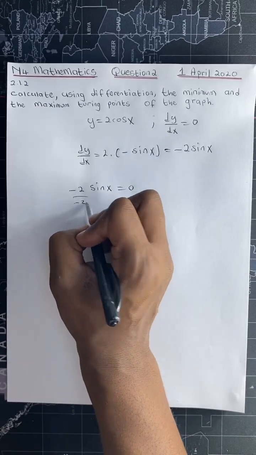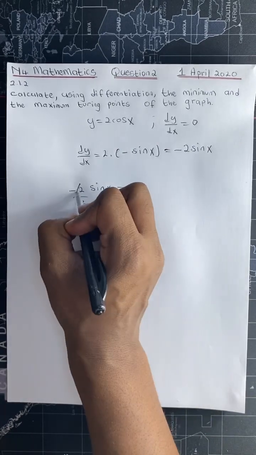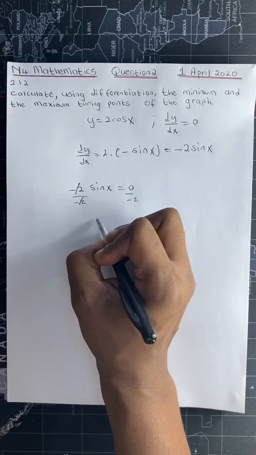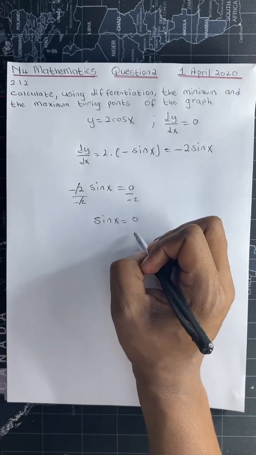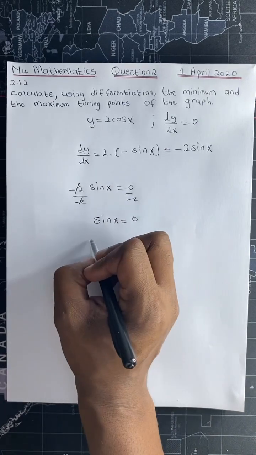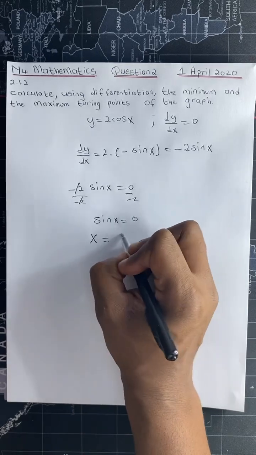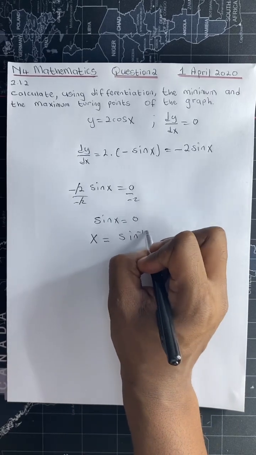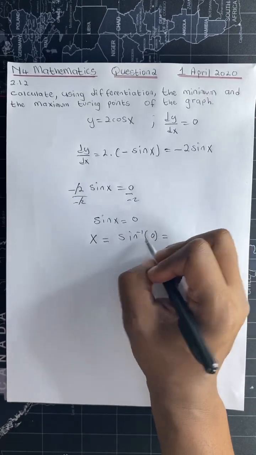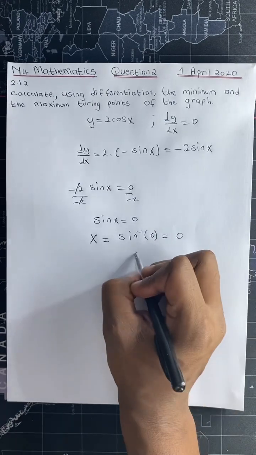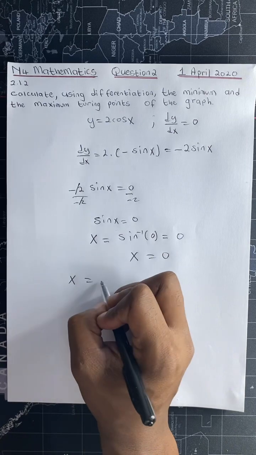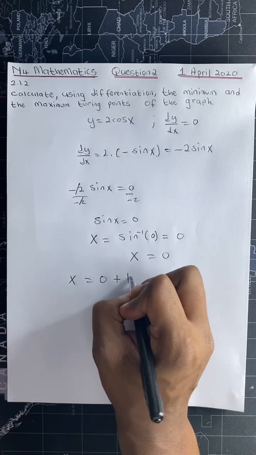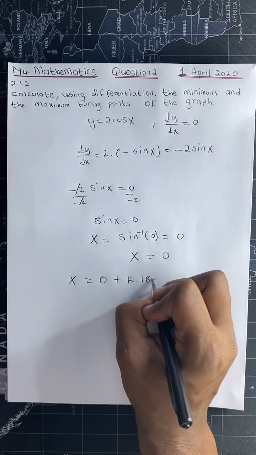So we divide both sides by negative 2. That negative 2 will cancel out that negative 2, and sin x will be equal to 0 over negative 2, which is equal to 0. We have to make x the subject of the formula, so x is equal to arc sine of 0, and the arc sine of 0 is equal to 0. So we have x equals 0, and x equals 0 plus k multiplied by 180 degrees.